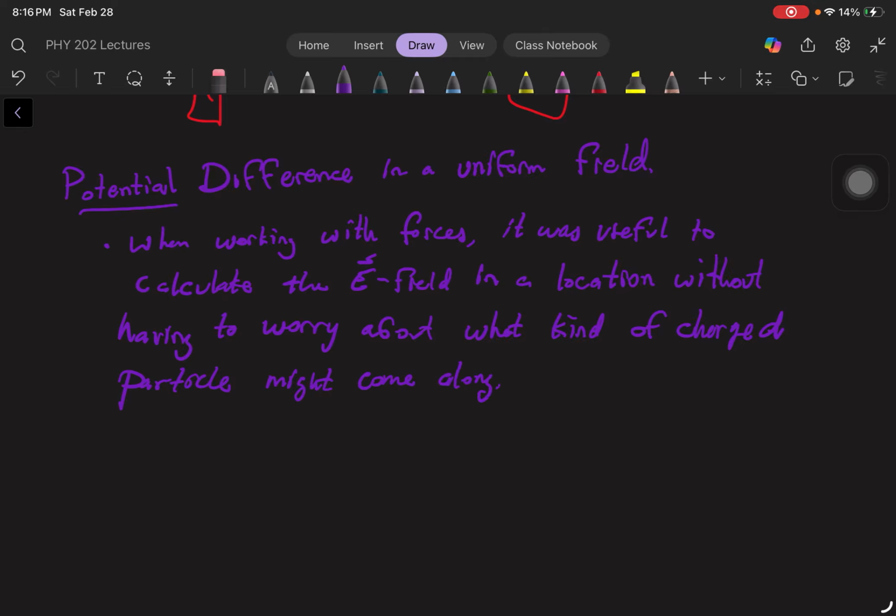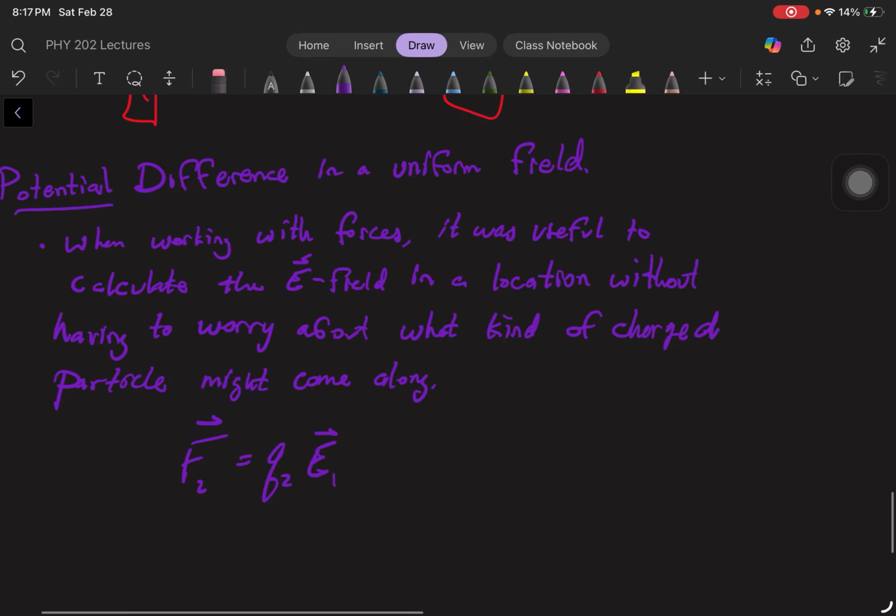Right? And so, if you have F2, you could say it is Q2 times E1, right? So if you have the electric field for some random particle, particle 1, if you multiply that by the other particle's charge, you get the force on that other particle, right? And so that was really useful because if you had E1, then you could solve F2 for any Q2 that happened to come along.